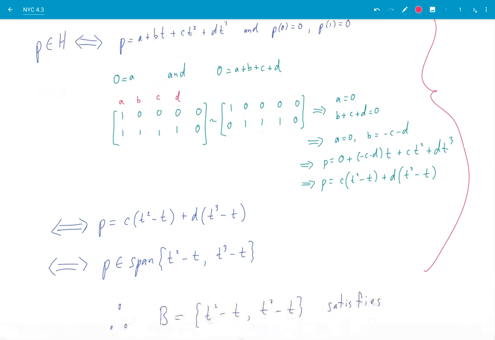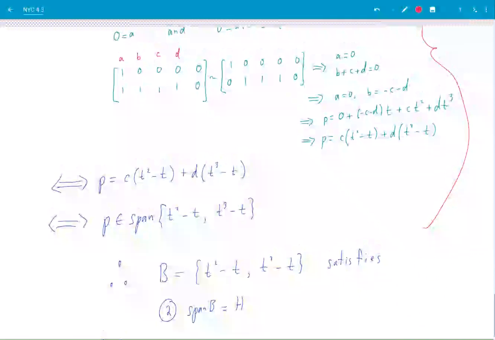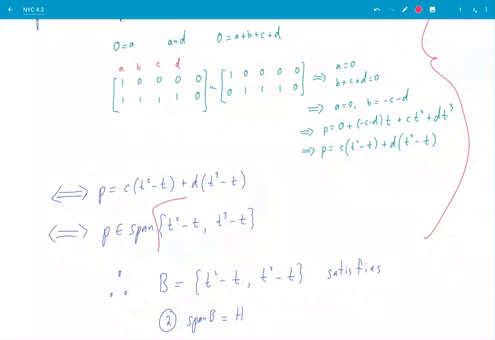Well, it tells me that the span of these two polynomials is all of H. So it looks like B here is going to be my basis.